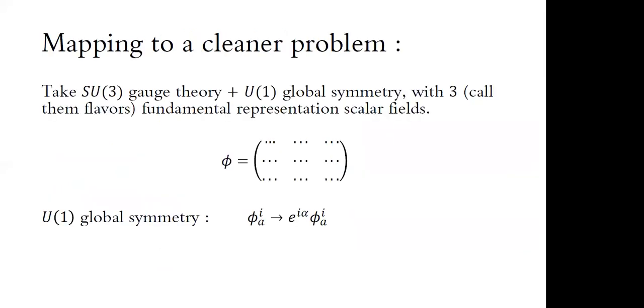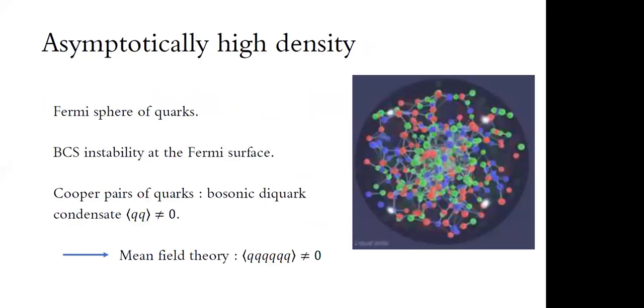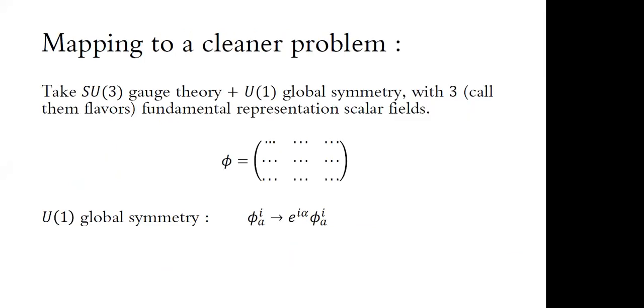So this problem, what I just showed you, can be mapped to an even cleaner problem, simply because I'm going to deal with either the diquark object or the 6 quark object. I'm not going to deal with individual quarks. So again, you have the SU(3) gauge theory, with a U(1) global symmetry, and on top of that, add three fundamental representation scalar fields.